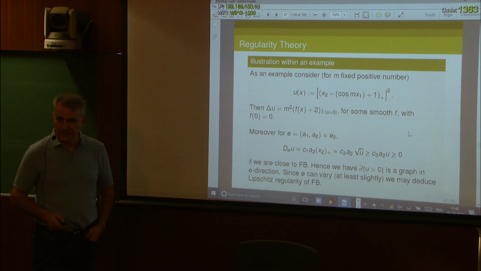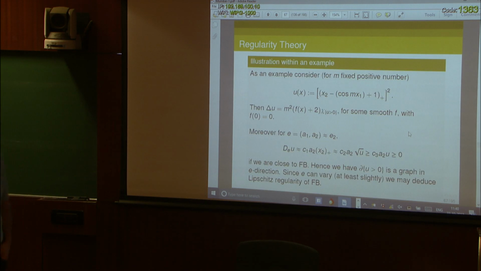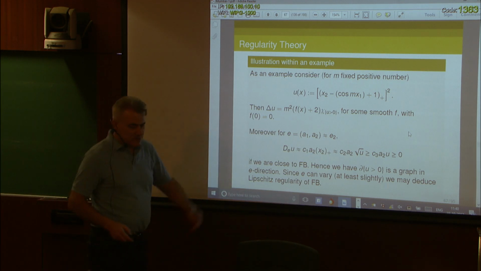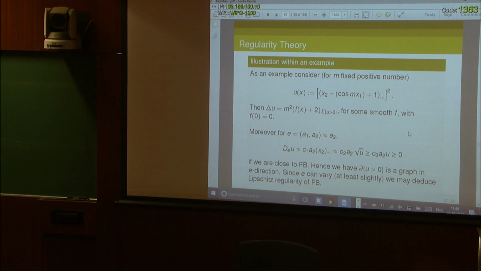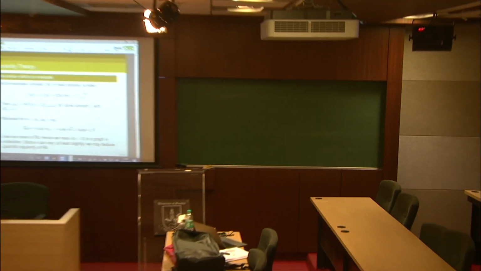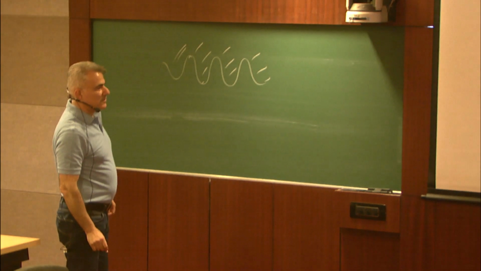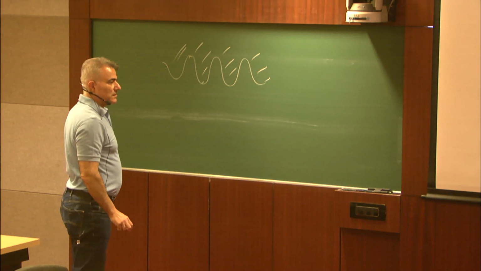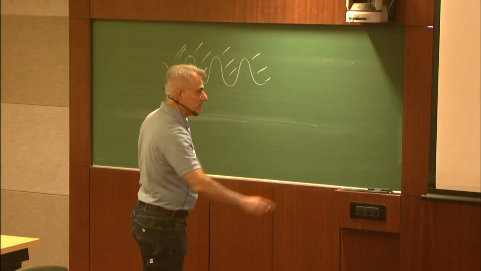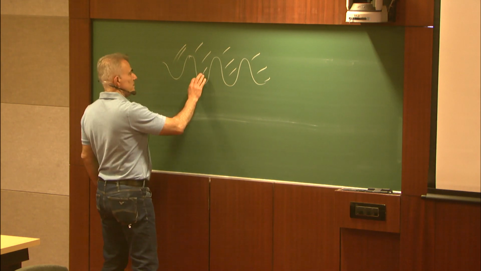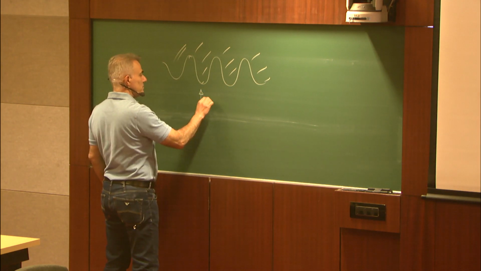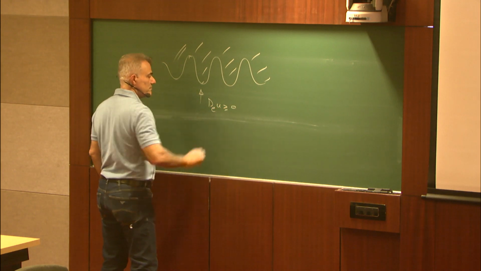Yes, here is the example. Let me repeat this. If you have a free boundary which looks like this, and here is the free boundary, what we want to do is to look at the directional derivative. If the function is non-negative here and 0, it means that in this direction the derivative of u is non-negative.